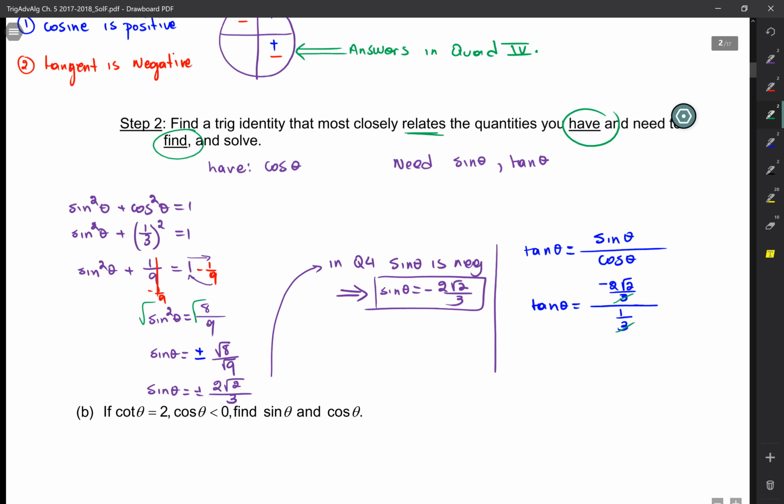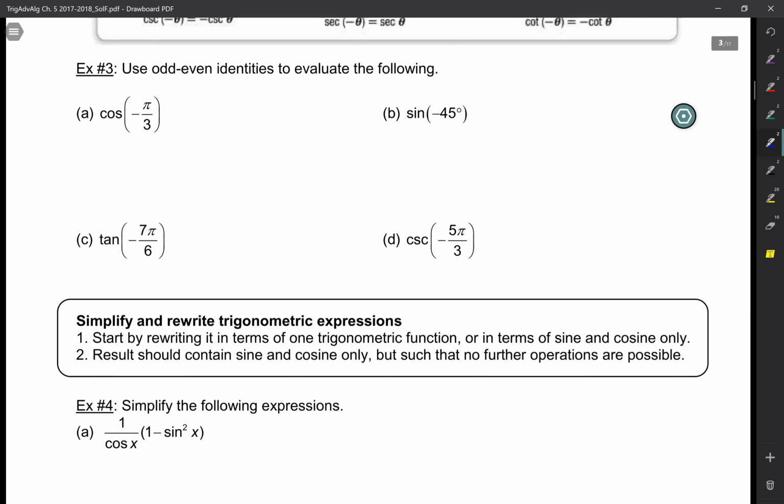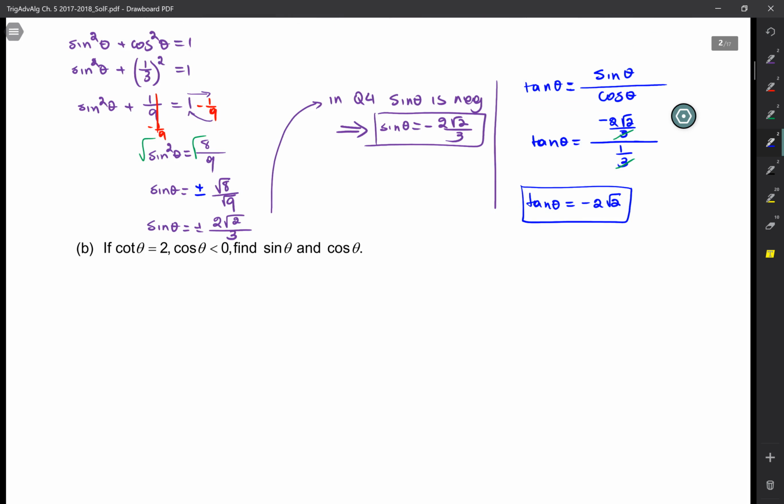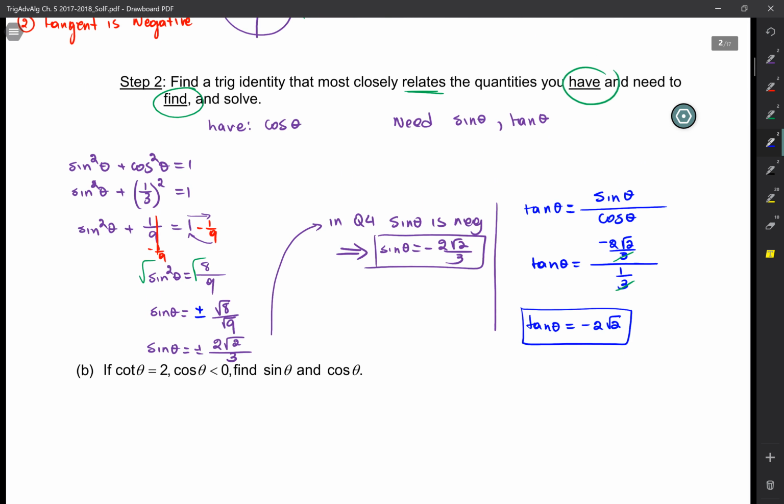The 3's cancel out. Negative 2 root 2. Okay, so congratulations, you've just solved your very first trig identities. I know. It's definitely something to be proud about. Okay? All right, let's do one more.